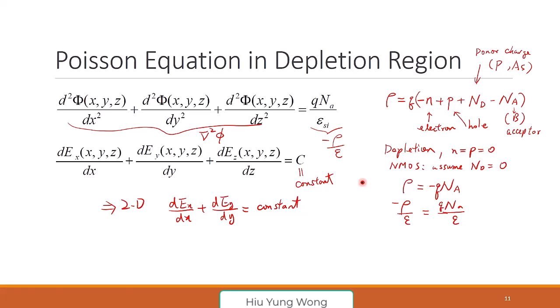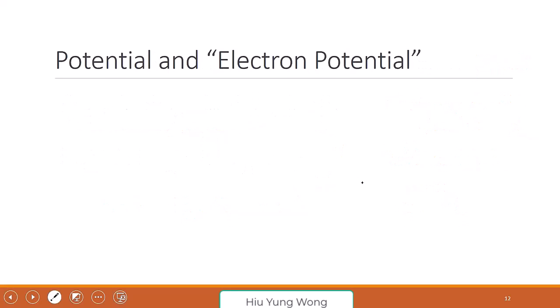Okay, so try to think about that at home. Now I try to remind you again, what is the potential versus the electron potential? The so-called electron potential is what we use in the band diagram. The electrostatic potential is just phi.